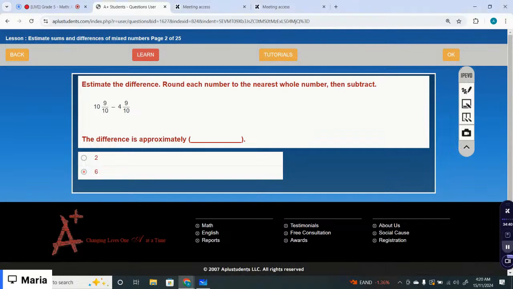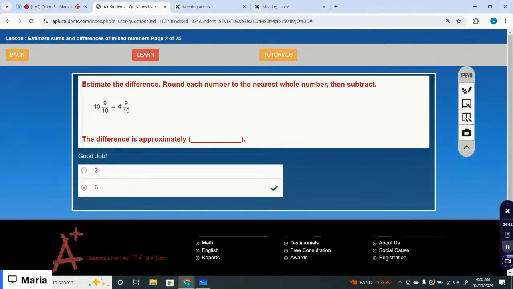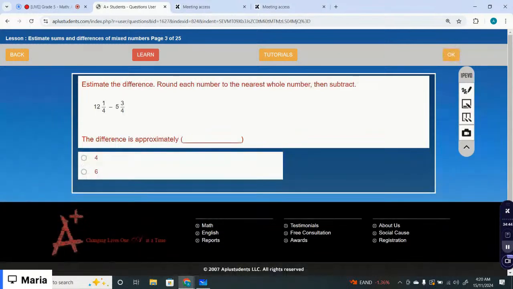Okay, the next one is 12 whole 1 by 4 minus 5 whole 3 by 4.